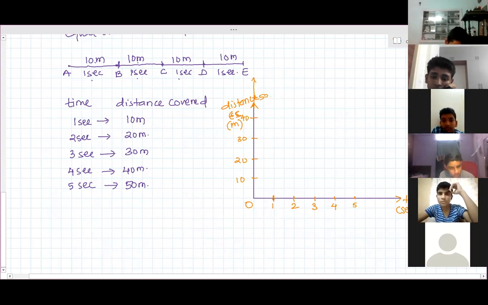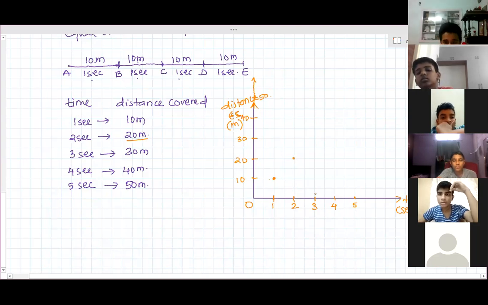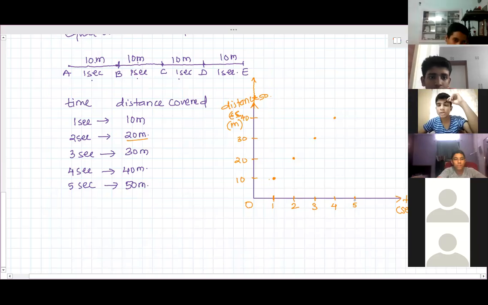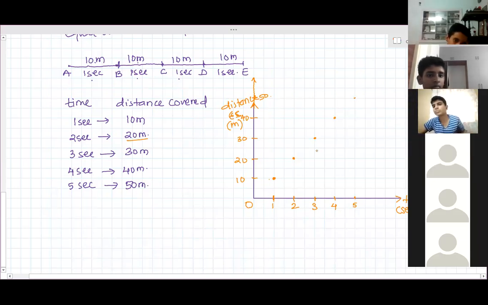Okay. So in 1 second, how much distance covered? 10 meters. So here you have to plot the point, right? In 2 seconds, how much distance covered? 20 meters. So we have to reach 20 at 2 seconds. Now 3 seconds, 30 meters. 4 seconds, 40 meters, and 5 seconds, 50 meters.